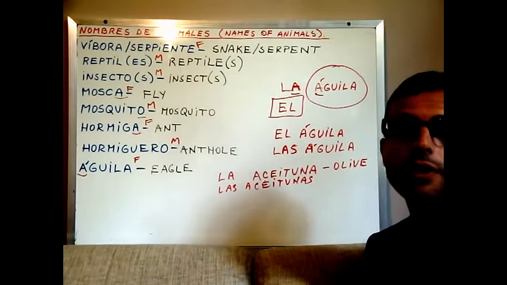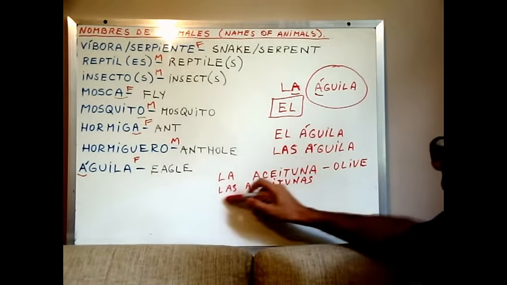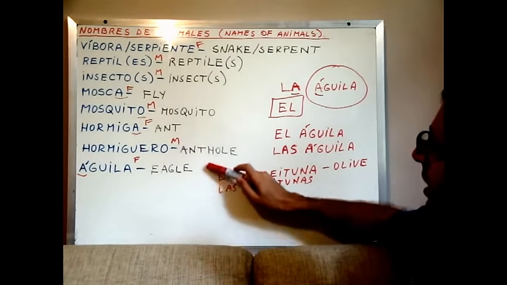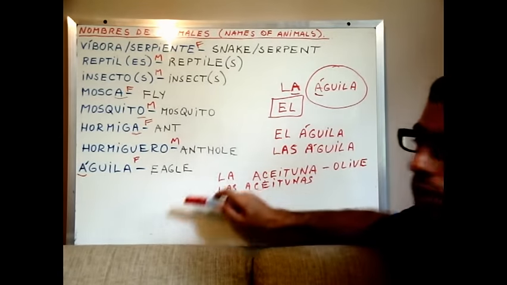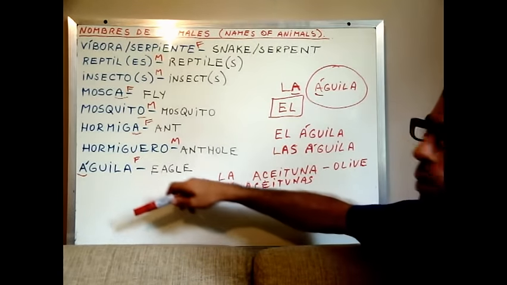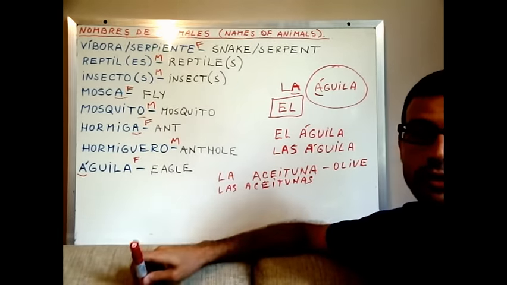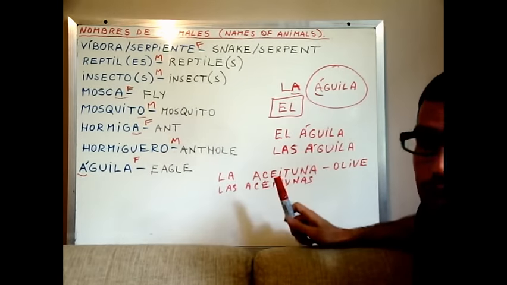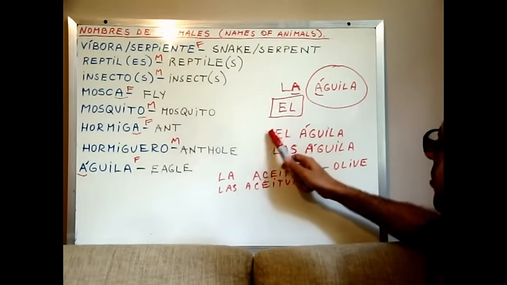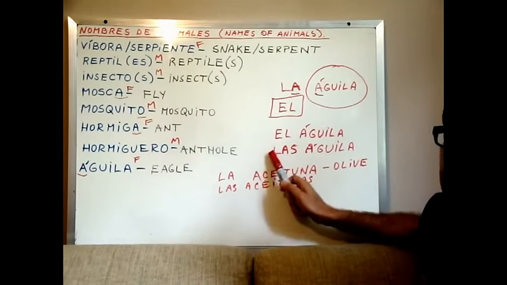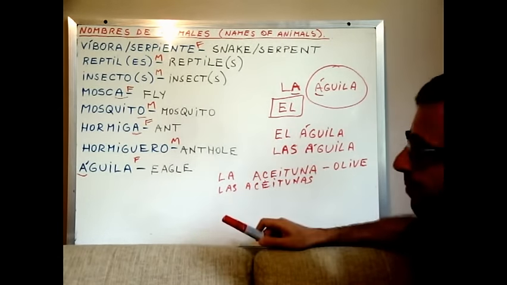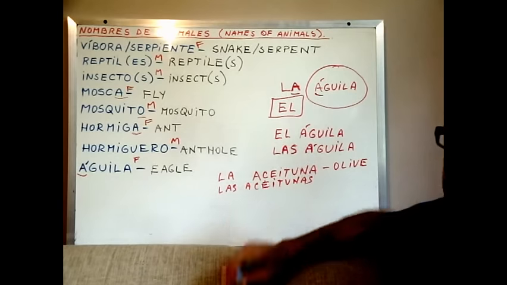I don't know if there is another exception like this one in the Spanish language, but in principle I would say that excepting this word, perhaps all the other nouns that are feminine and begin with an A, like águila, for example, use the masculine article, right? When singular, like el águila.